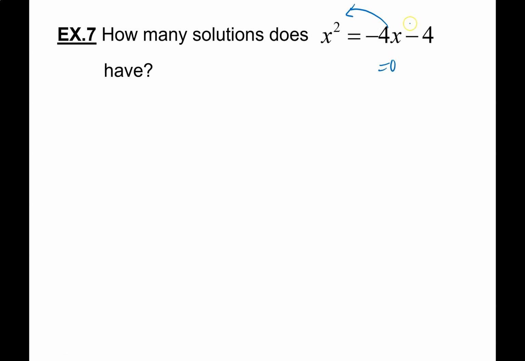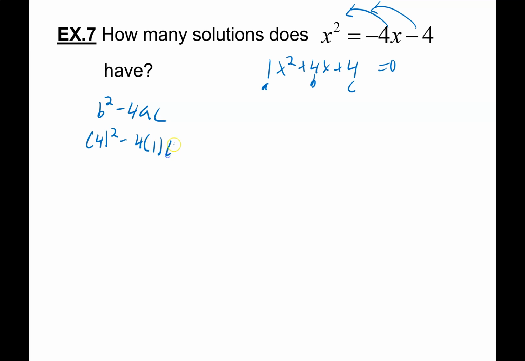So I'm going to move the negative 4x and the negative 4. So I'm going to get x squared plus 4x plus 4. Now I do my b squared minus 4ac. A is 1, b is 4, c is 4. So I get 4 squared minus 4 times 1, which is a, times 4.